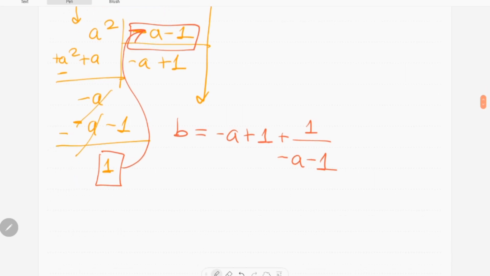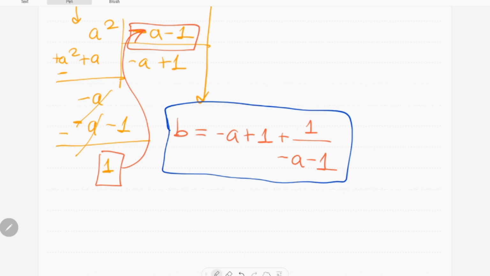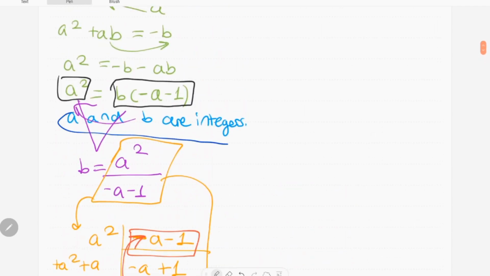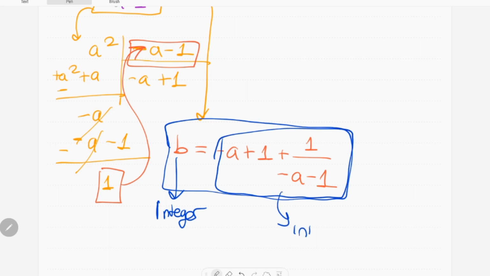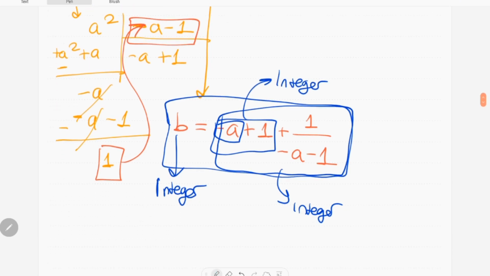After having this equation, I know something. As I said, a and b are integers. So if b is an integer, then this expression also has to be an integer. If a is an integer, minus a is also an integer, so this part of the equation is an integer. So to make this part an integer, this has to be an integer too.